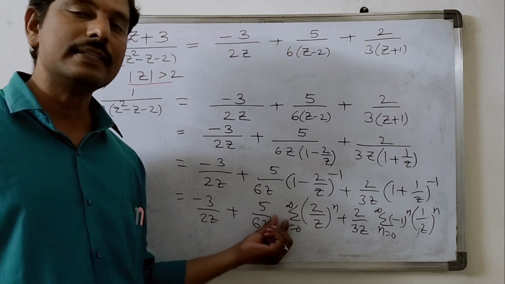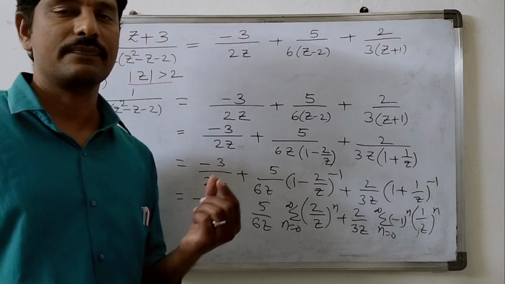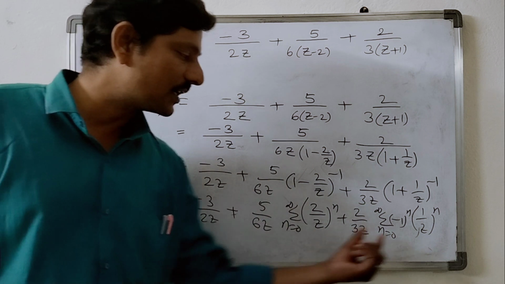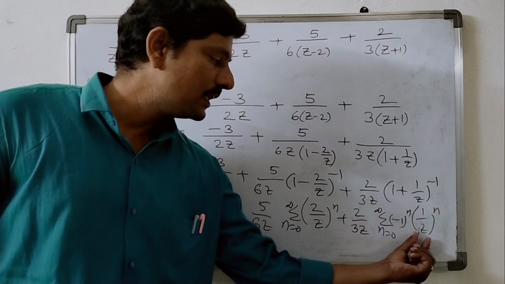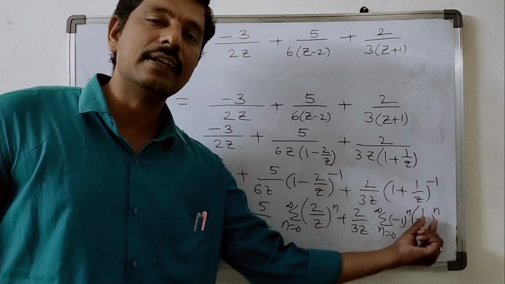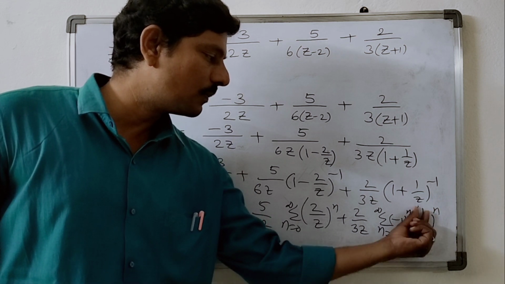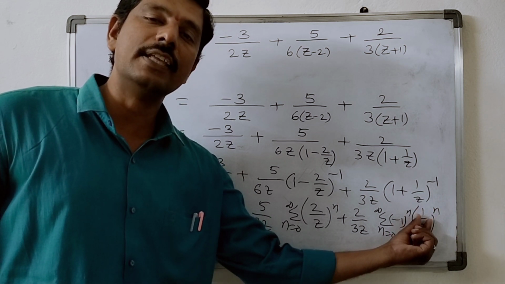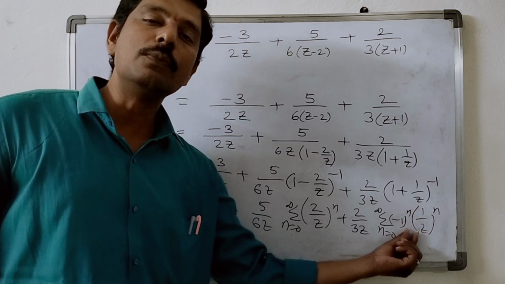That means this expansion contains negative powers of z. So here also, if you put n equal to 0, 1, 2, that means z to the power of minus n. If you take this z to the numerator, you get z to the power of minus 1. That means z power minus n. That means it also consists of negative powers of z.